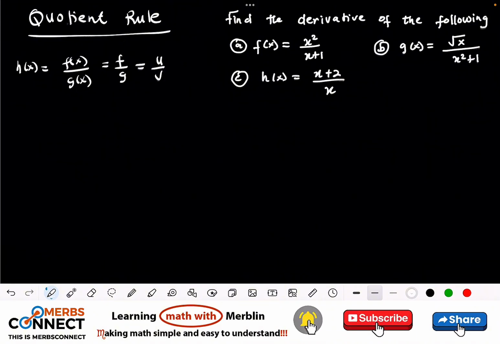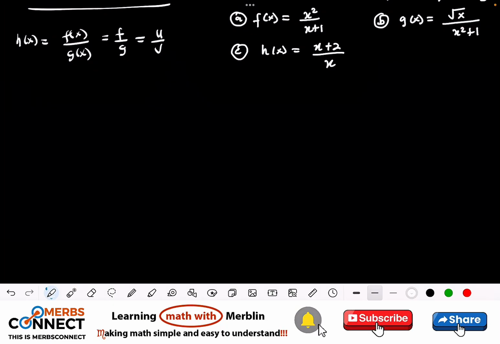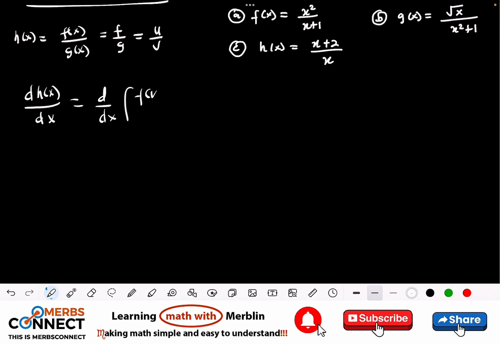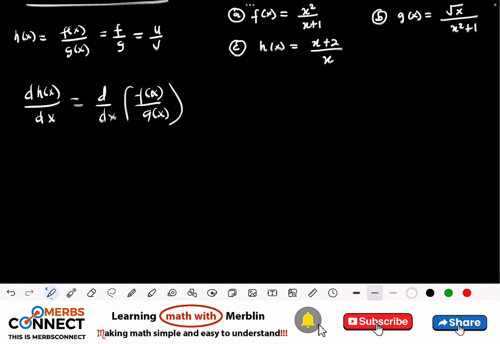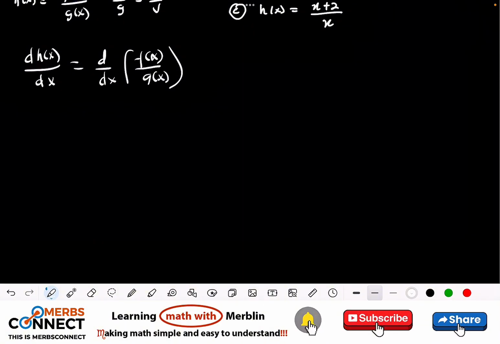All right. So now let's look at the quotient rule. Now, if I want to differentiate h of x with respect to x, then this is the same as d over dx of f of x divided by g of x. When I finish, I will use the u and then the v too as well. So the quotient rule says that this one is going to be h prime. Now the quotient rule says that if I want to differentiate this function, then the first thing that I need to do is I maintain the denominator, right?